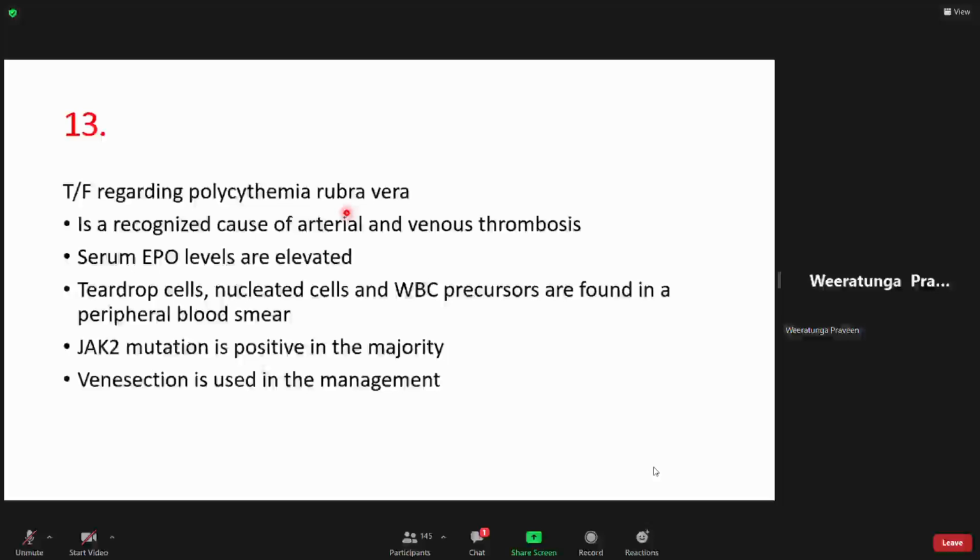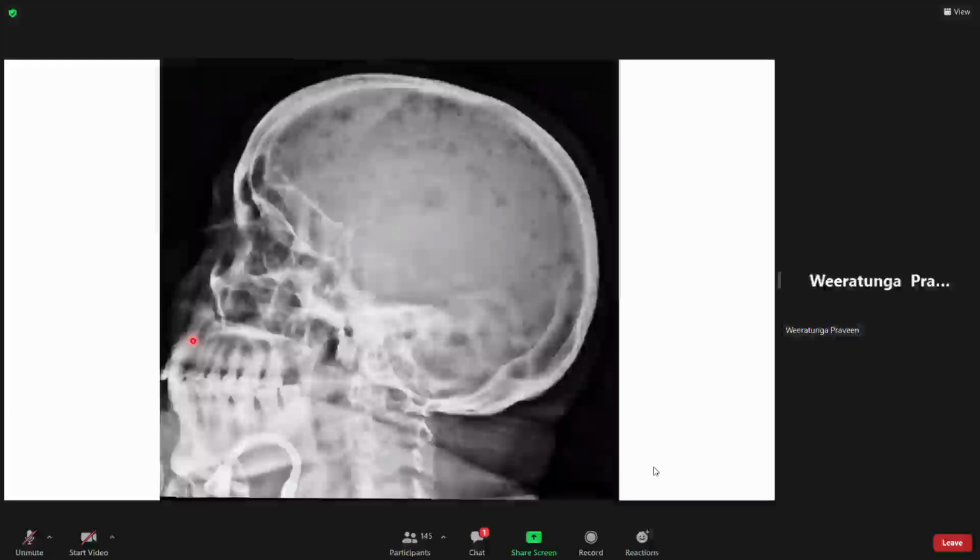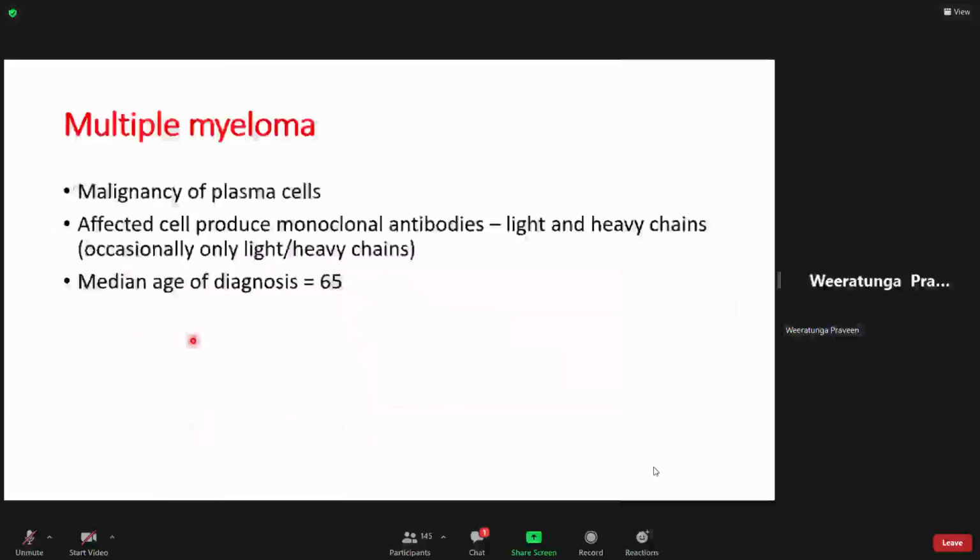Somebody asked about acute leukemia and chronic leukemia. The differentiation between acute and chronic leukemia is based on the marrow plus the peripheral blood. In acute leukemia, in the peripheral blood there are only blast cells. In chronic leukemia, as I showed you in the CML slide, there is a mixture of normal looking or mature cells and blast cells. There are also lots of other genetic tests and special stains used to differentiate acute from chronic leukemias.